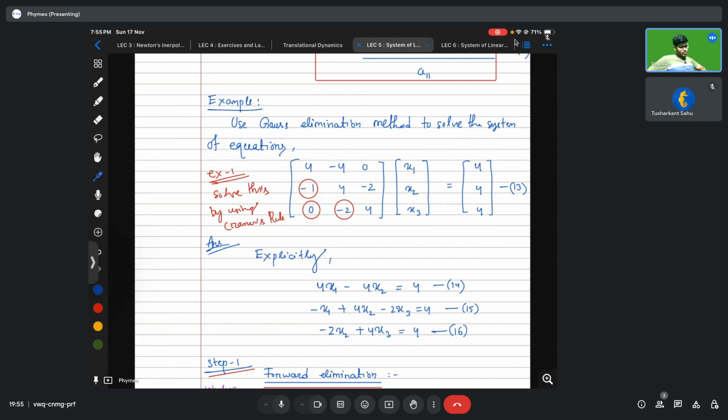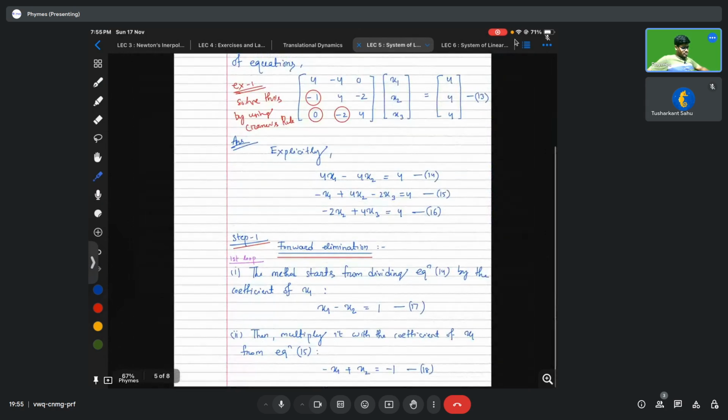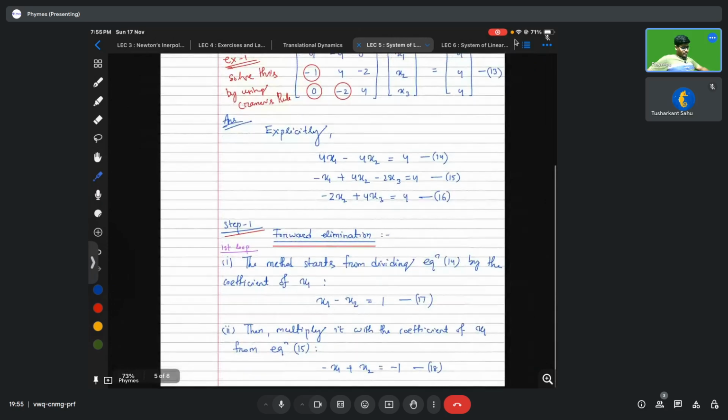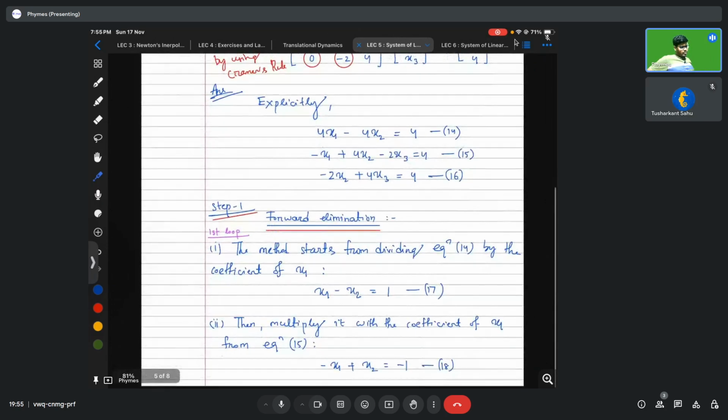What we need to do now is make this 0 and this element 0. Then all the elements below the diagonal line will be 0. So that is the first step in the forward elimination method. Okay, so step 1, forward elimination.